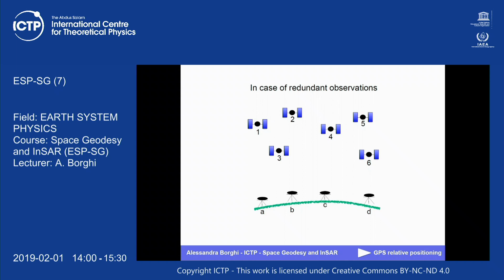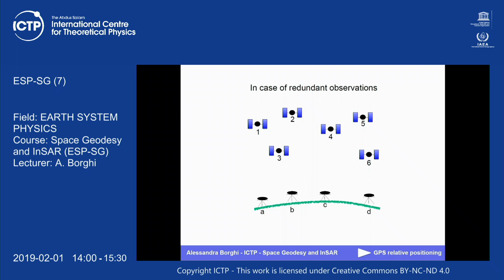So we have a lot of observations, because from satellite A you obtain the observation from all the stations, from satellite B the same, C again, and D again. And so we want to compute a relative position, so we have to decide how to combine these stations.